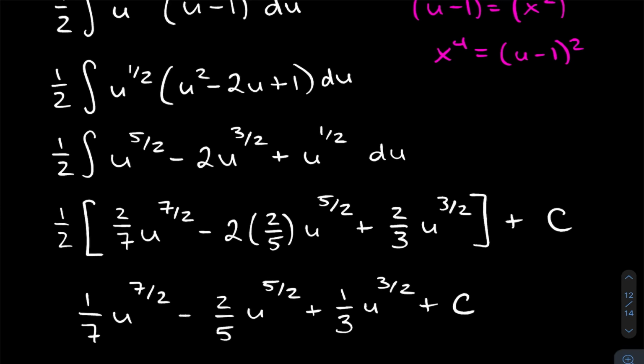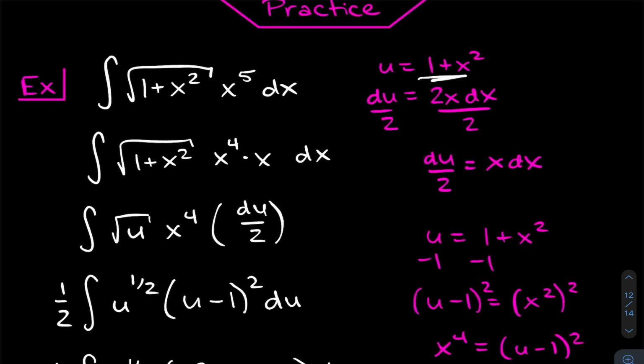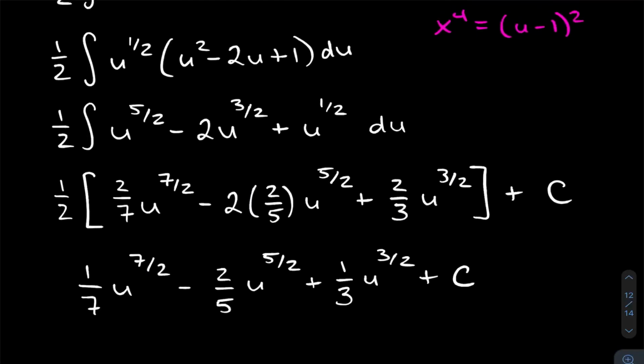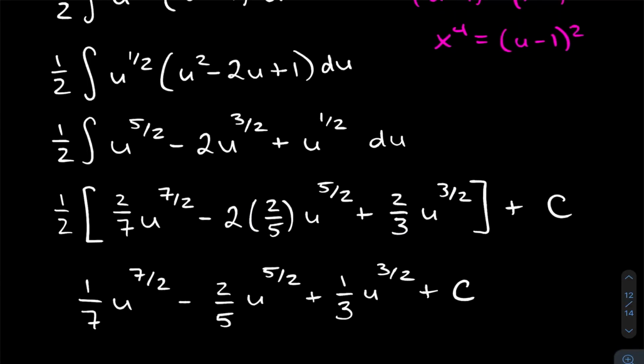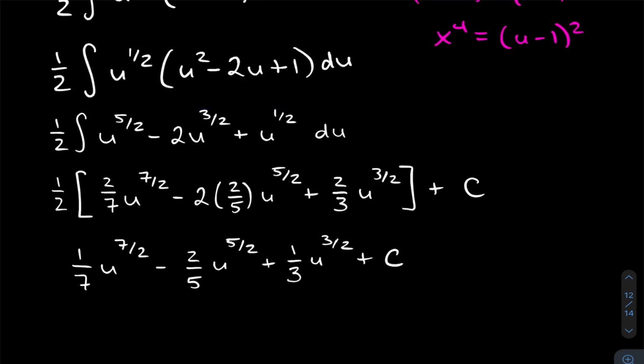And then we're just going to plug back in here. We know that u is 1 plus x squared, so let's make sure we do that. Especially for one of these longer problems, it's very common to forget to plug back in. So plug back in. I'm running out of room here, of course, so let me just cheat. Go boop. There, you don't even notice. That's a joke.